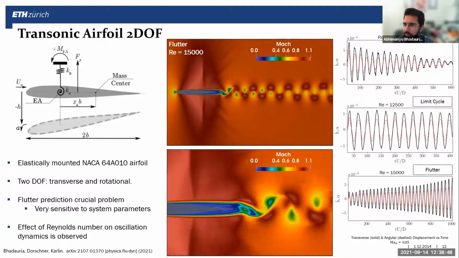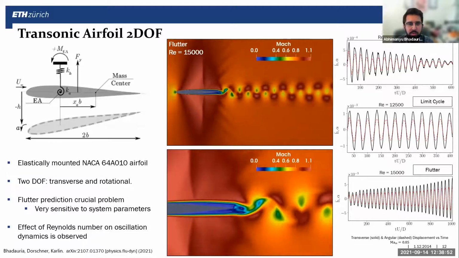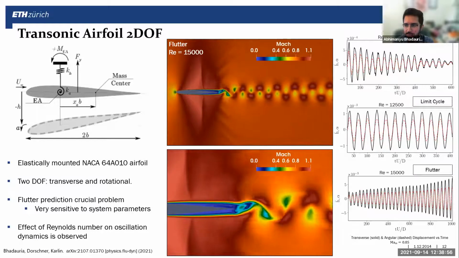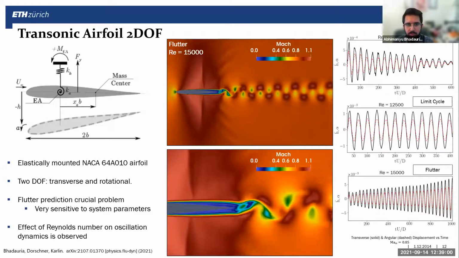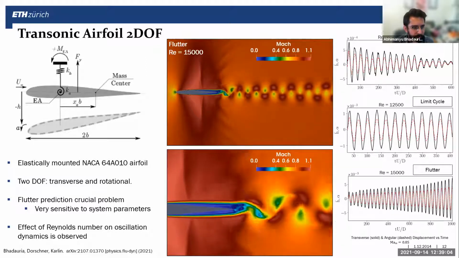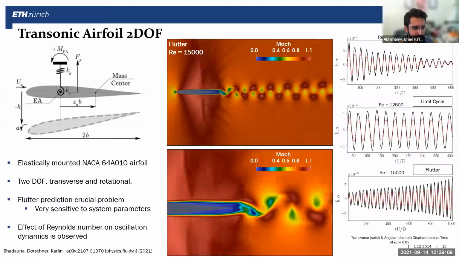The Reynolds numbers here are relatively low, ranging from 10 to 15,000, compared to what would be a real life case, which would probably be slightly higher than this. But that's because the model that we use here is a 2D model, and we can't really go higher than that and expect the results to be correct.